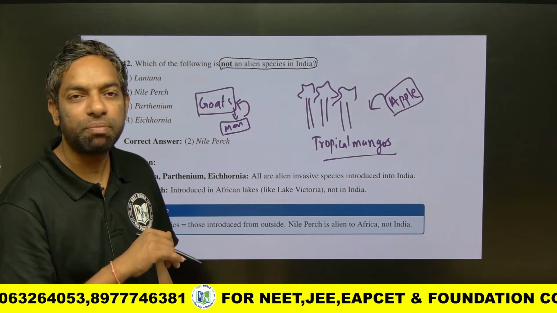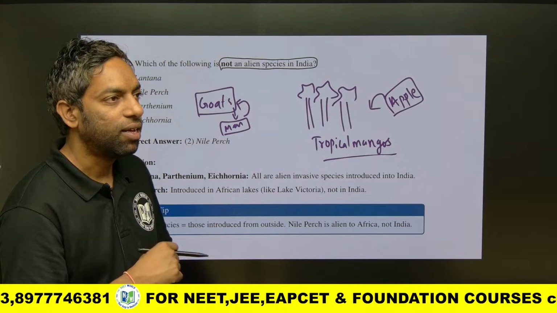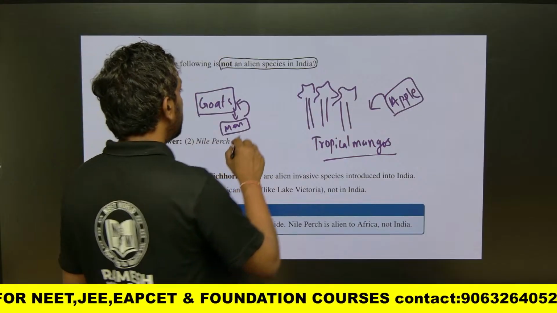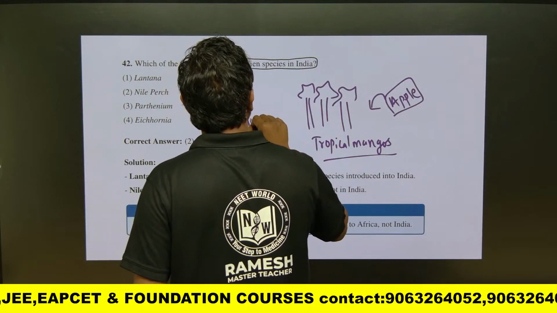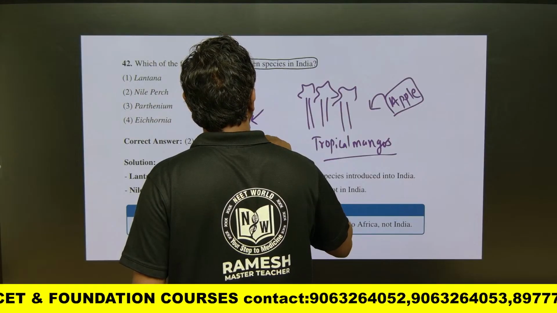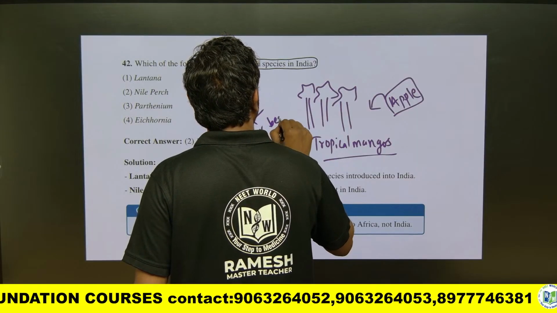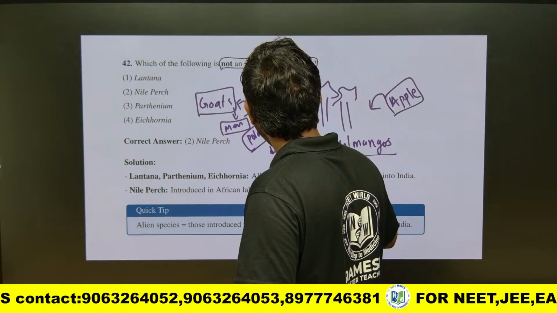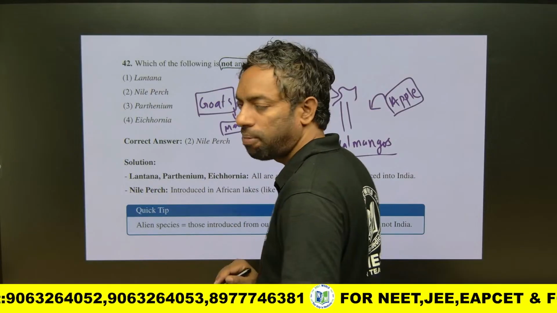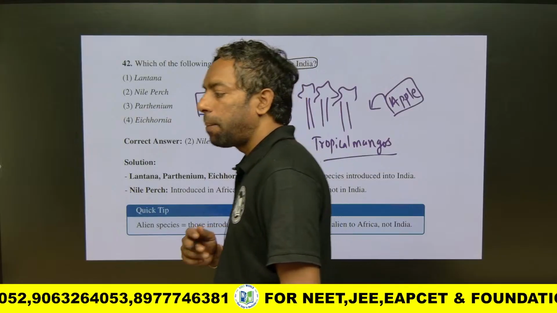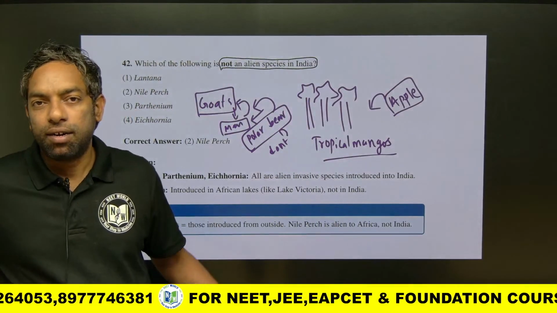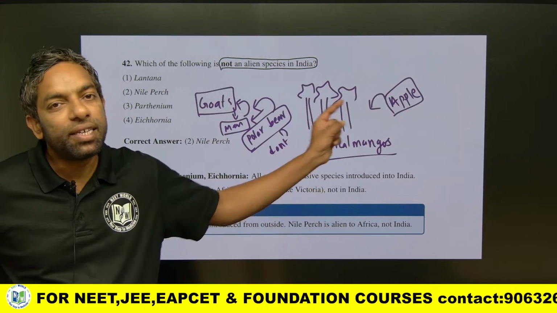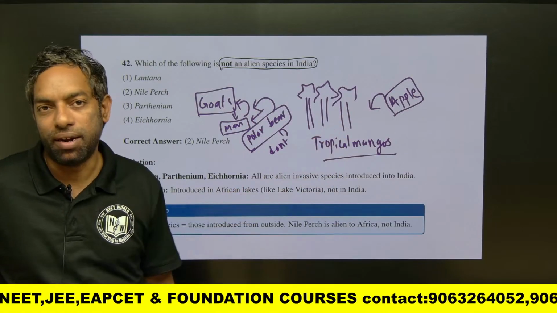Of course, there is another species which humans do not eat, that is the polar bear. If the polar bear enters India, people do not eat this bear, so its population will increase because there is no predator for that bear.